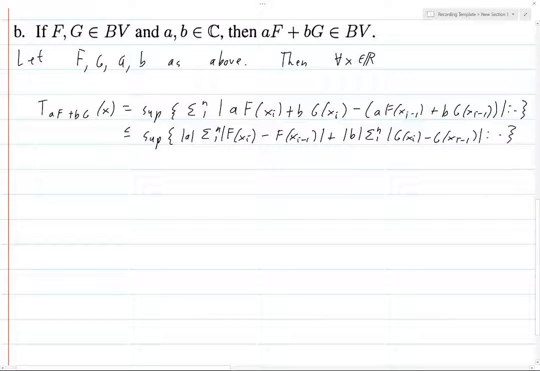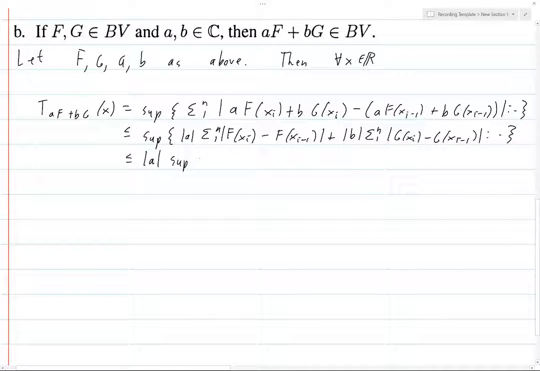But then if we break this up and consider the supremum of these and the supremum of these separately, then any cancellation that possibly could have occurred between the two terms is removed. Though now that I think about it, because this is all absolute values, it might be strict equality, but I'm an analyst, so I don't care. Less than or equals is the only thing that I really need here.